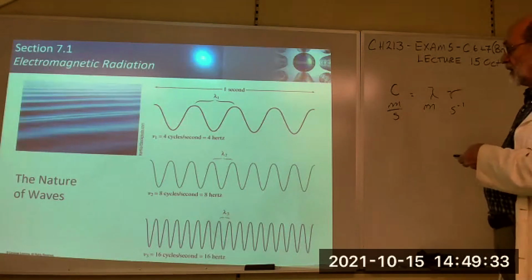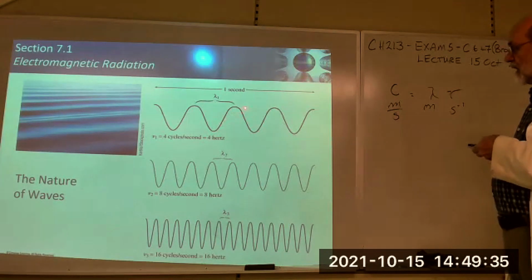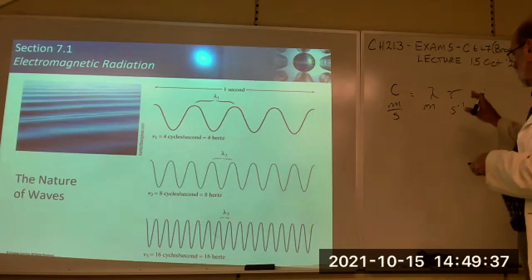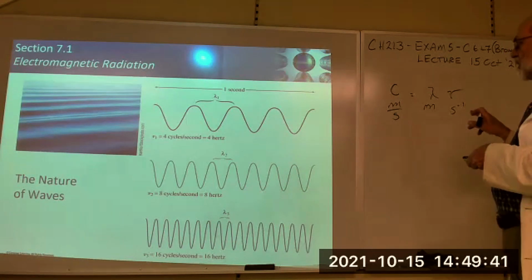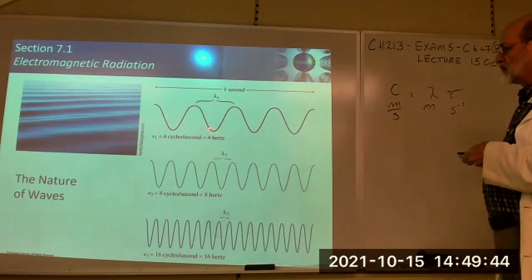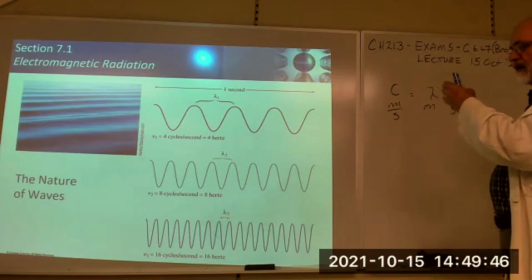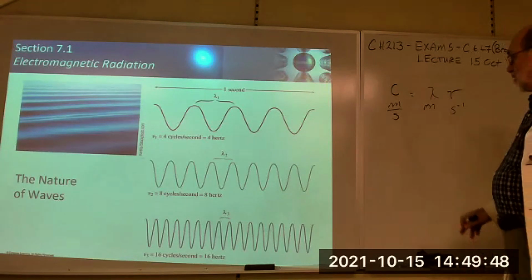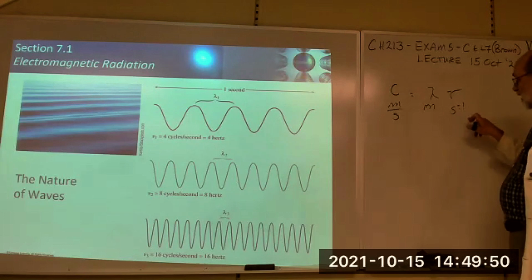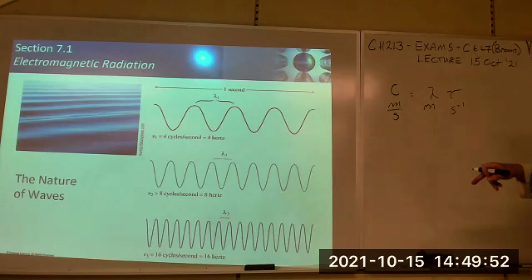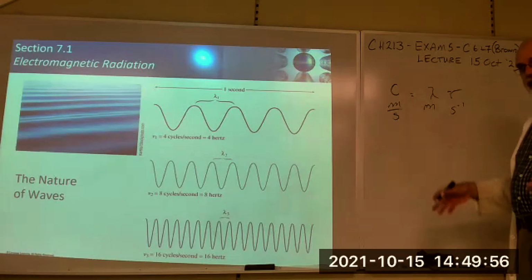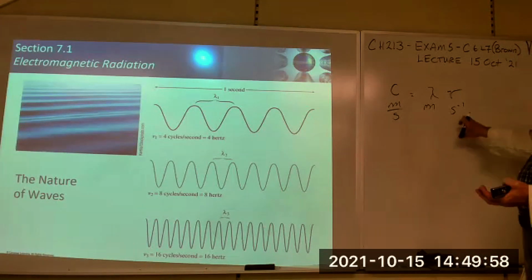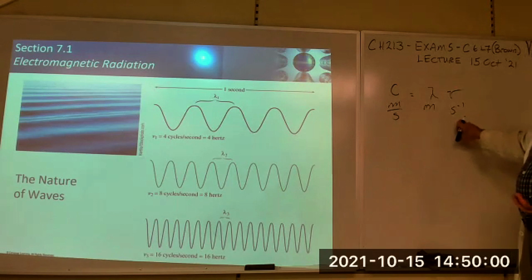And notice also what the frequency means. Frequency means how many waves pass a fixed point in 1 second. So it'd be waves per second. But waves is not a recognized dimension. So that's why we only say reciprocal seconds.